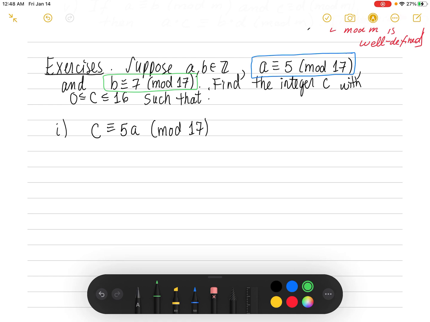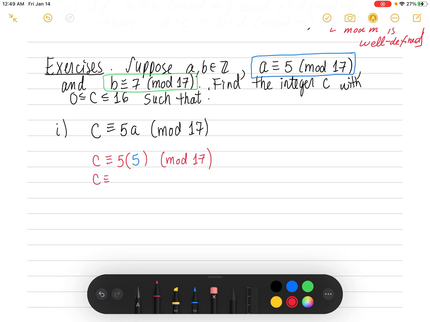Even though A is not equal to 5, it's congruent to 5, so I can still replace that A with a 5 based on my congruence property. So here I'm going to have C is congruent to 5 times, and in place of A, I'm going to put a 5 here. And remember, we're mod 17. So all I've done is replace the A with a 5.